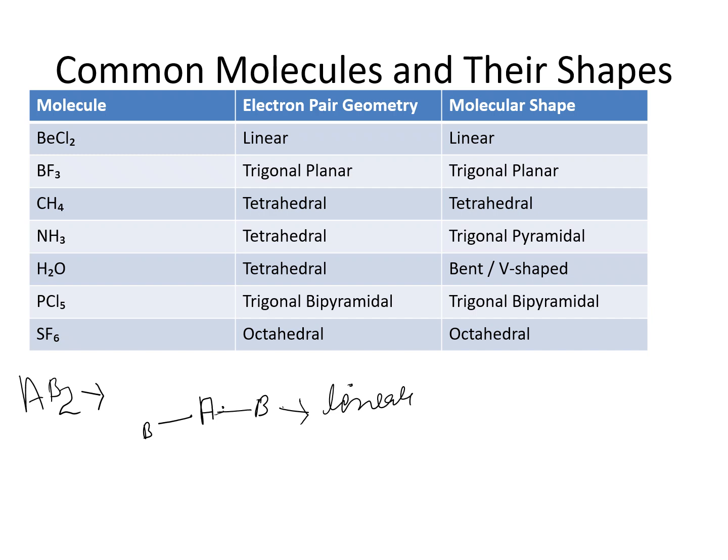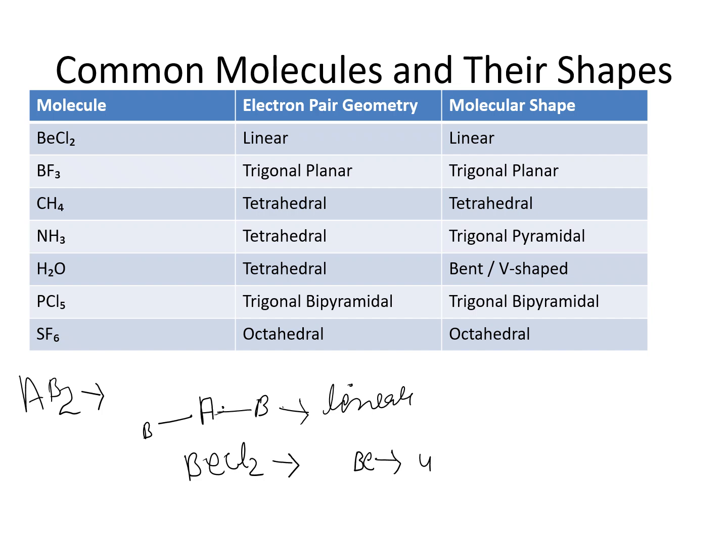Okay, can anyone tell me an example of AB2 type? BeCl2 is the example. How many valence shell electrons are present in Be? Be has 4 valence shell electrons.